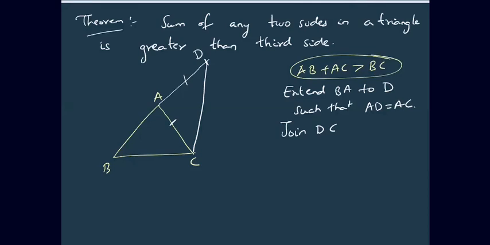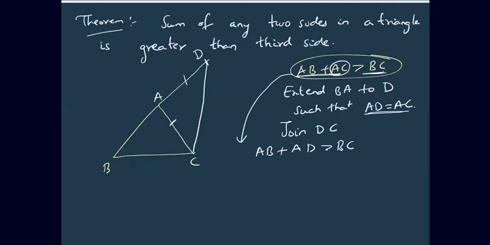Okay, so now since I need to prove AB plus AC is greater than BC, let us just reverse the problem. Let us do reverse engineering. I can see that AC is equal to AD because that is the way we have constructed. So I need to prove that AB plus AD is greater than BC.